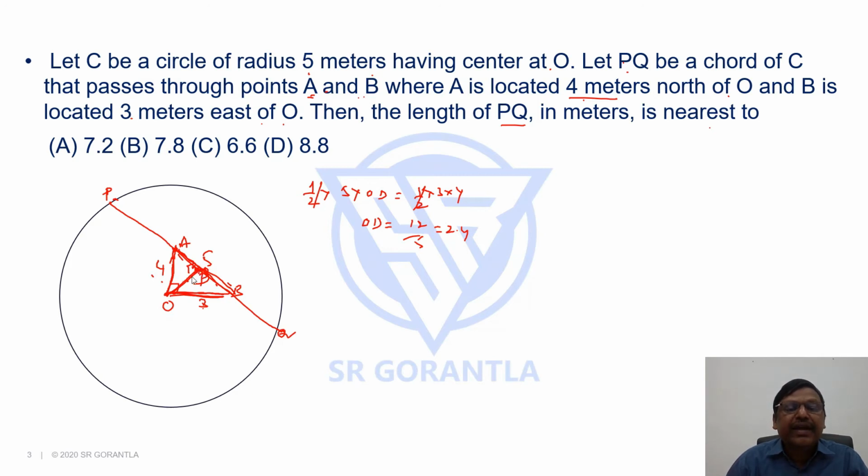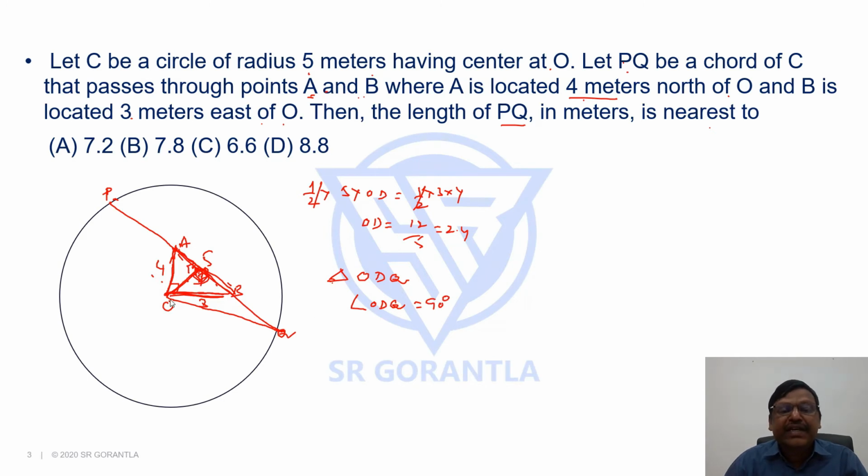Now this is a right angle here. Suppose I join OQ. Now if I consider triangle ODQ, the angle ODQ is a right angle, because angle at D is 90 degrees, as we have drawn a perpendicular.